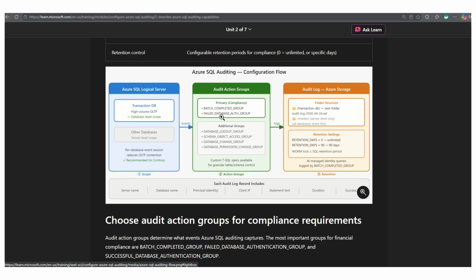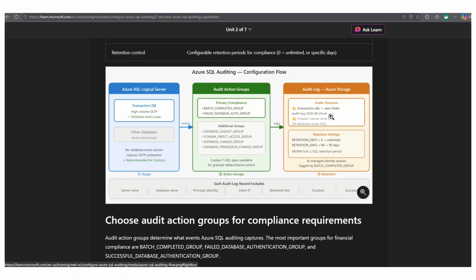And then for those events, you can create audit action groups. The primary would probably be compliance, and then additional groups. And so here each audit log record includes these pieces. Again, a really nice graphic to understand how this works.